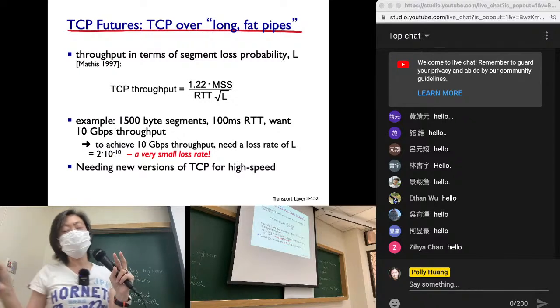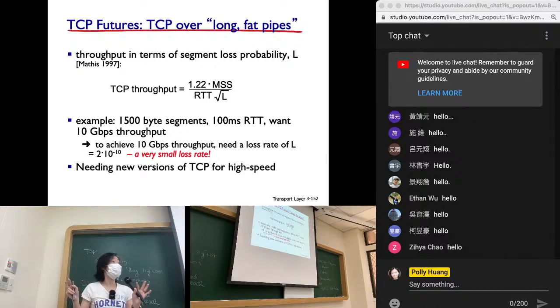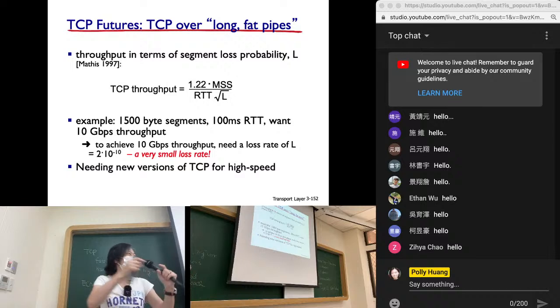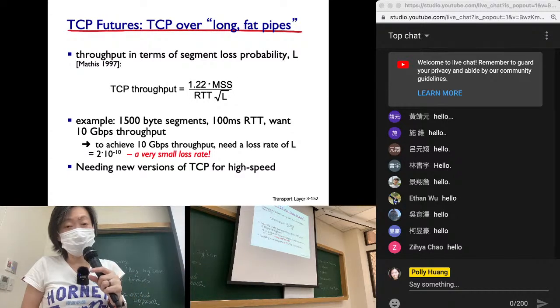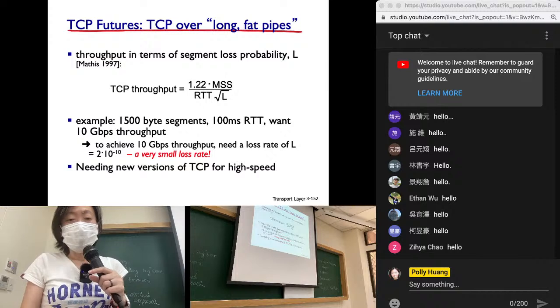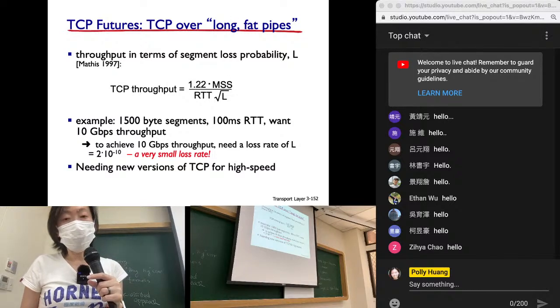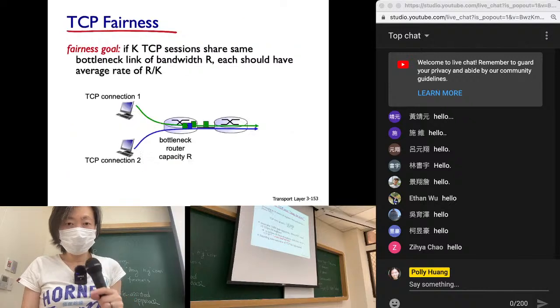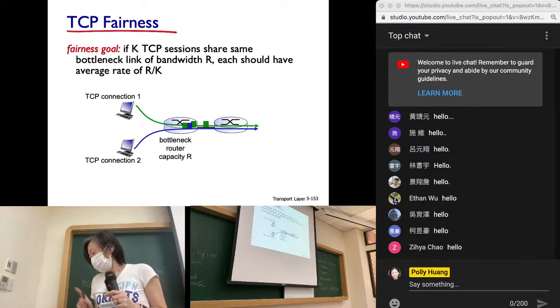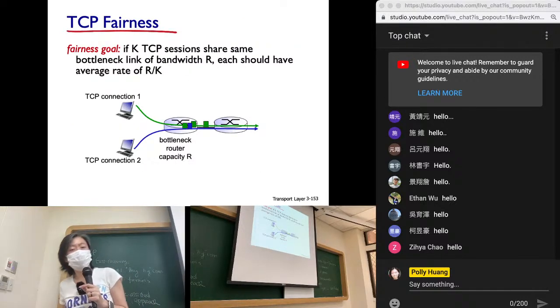Having lots of memory at the sender-receiver side might be more doable, but it's really hard to control the network such that the loss rate is this low. So you see there's a need of reinventing TCP so that it works for these long fat pipes. So that's one major issue in TCP today.